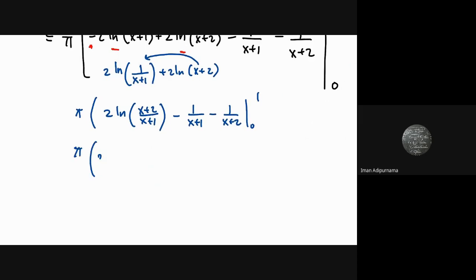We put 1, so this will be ln 3 over 2, minus, we put 0, this will be 2 ln 2 minus 1, minus half.